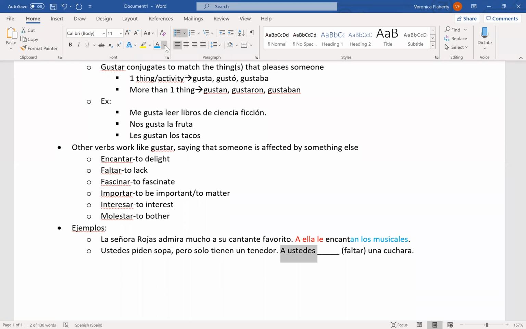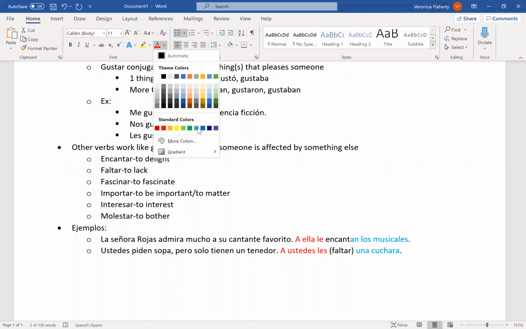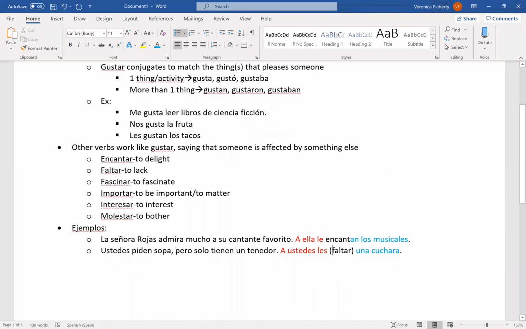So what are we doing? Les. Yep. And then what are we going to do with falta? Falta, yep, because una cuchara is just one thing. Les falta una cuchara.